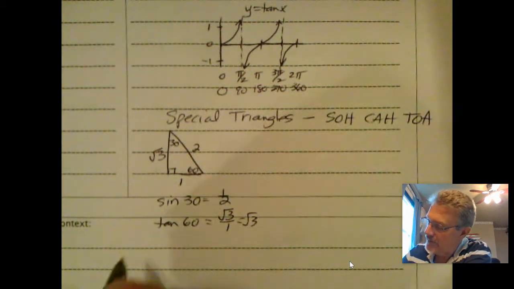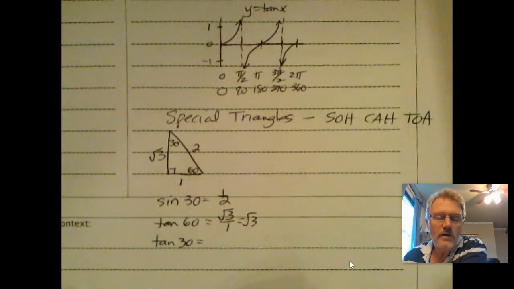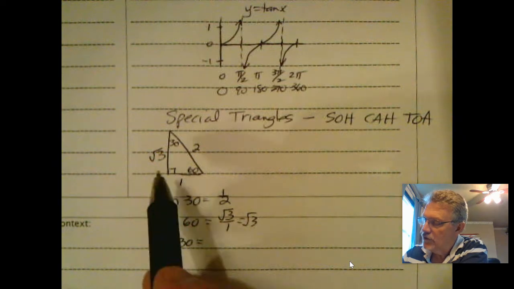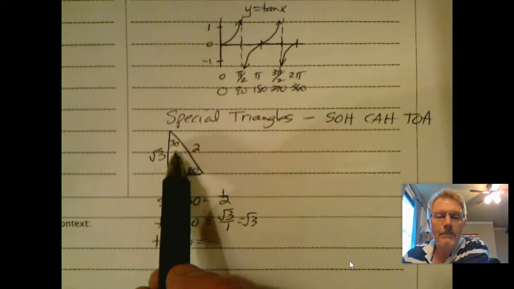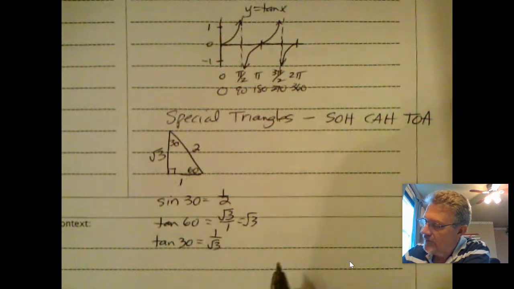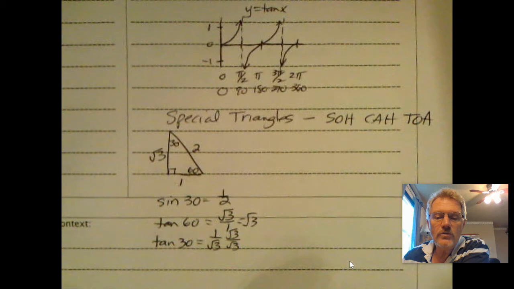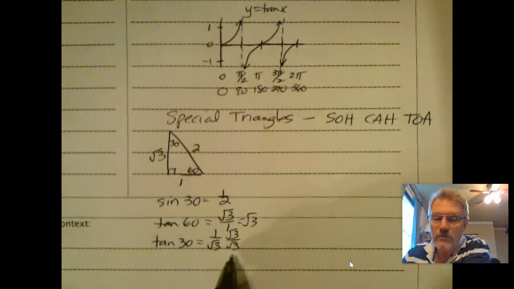And then one other weird thing that comes up every once in a while is tangent 30. So I'm looking at the 30-degree angle this time. Opposite over adjacent is 1 over radical 3. But they don't like us to leave the radical in the denominator. So we rationalize. We multiply it by the denominator over itself, a form of 1.